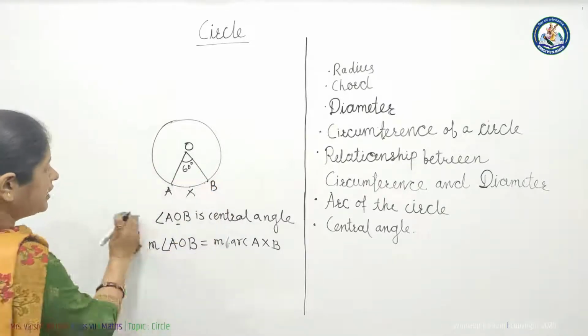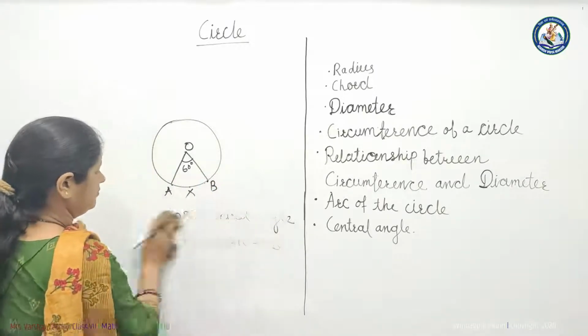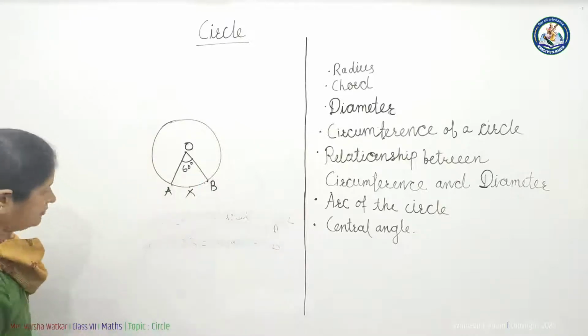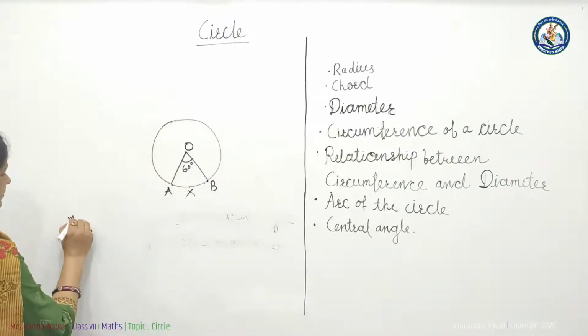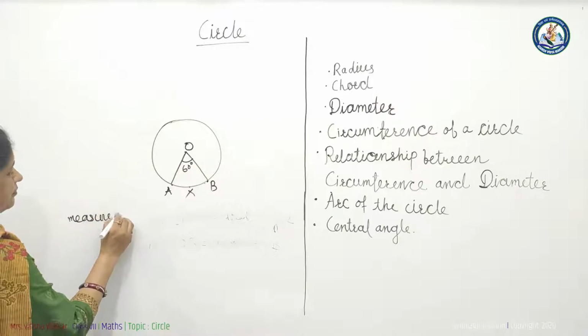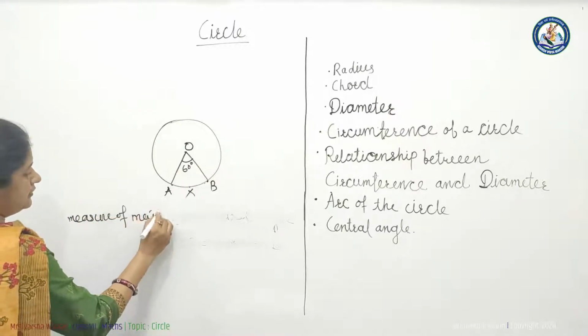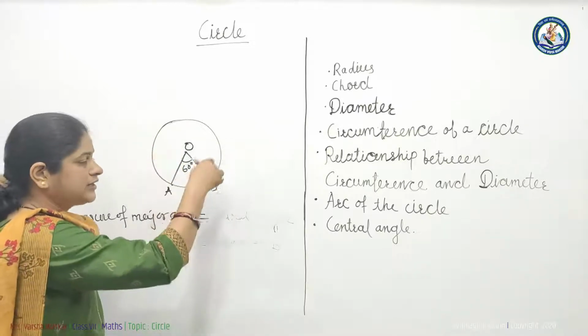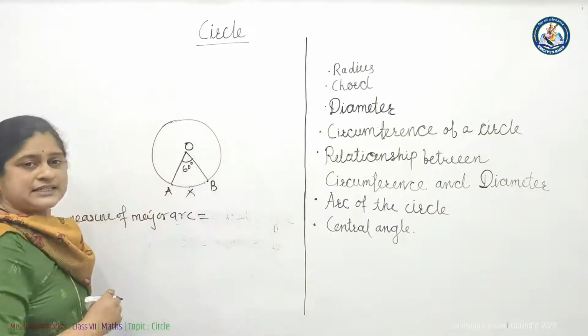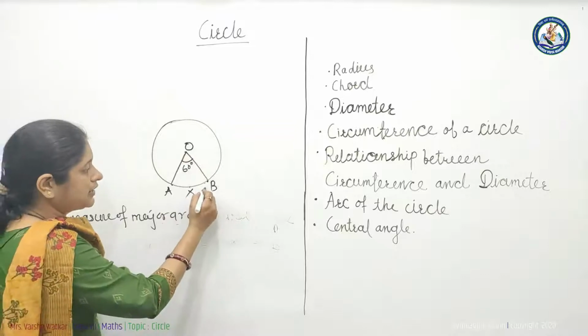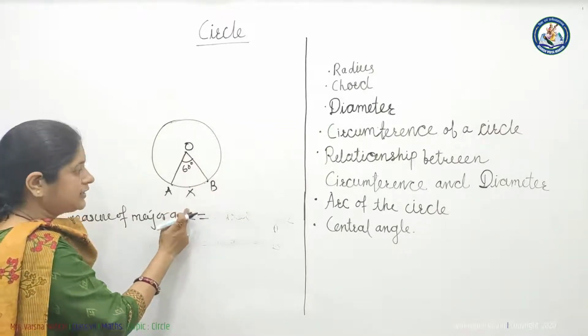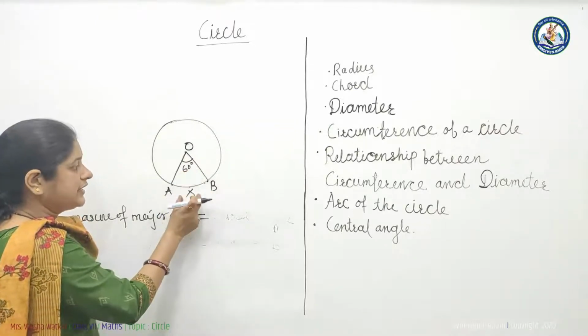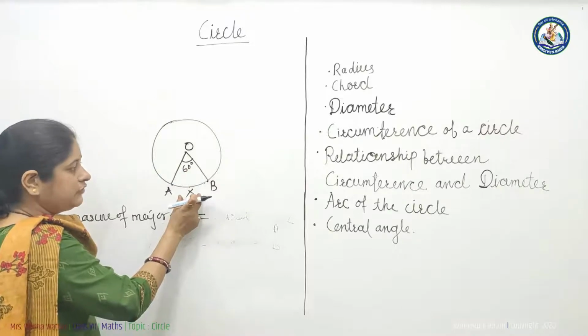Again we have a formula. The measure of the major arc we can calculate, because we know that the measurement of the complete circle is 360 degrees, and the minor arc is given. If the central angle is 60 degrees, the minor arc is also 60 degrees.